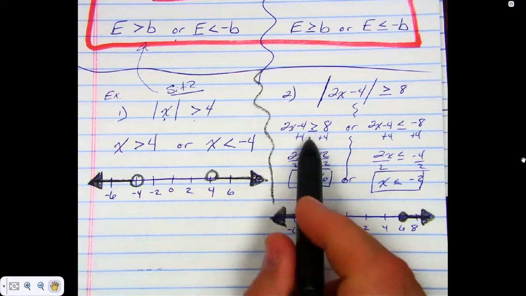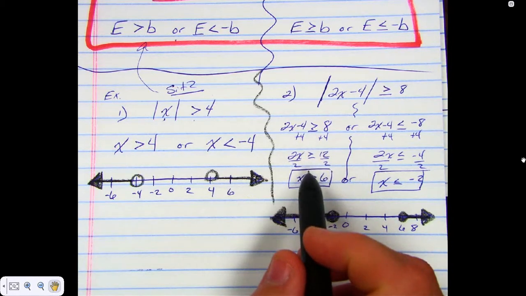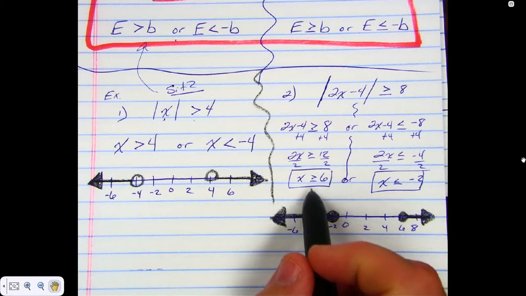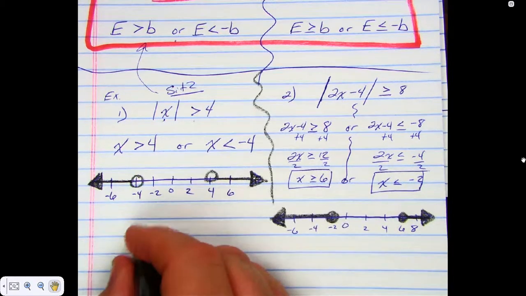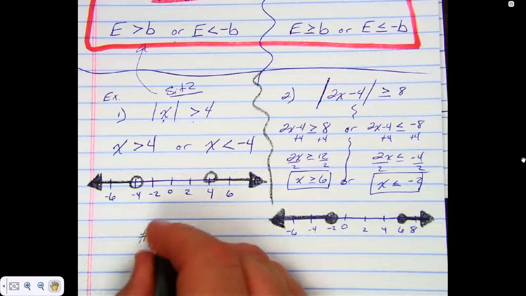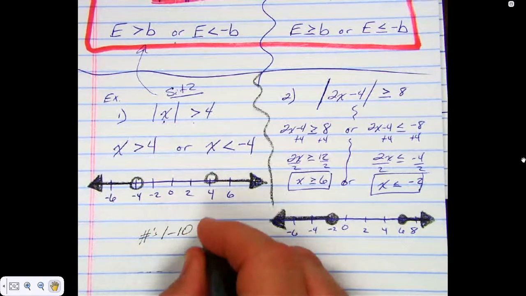But I want to know that you know how to manipulate an inequality or an equation and get to this. So if you're not showing me, you don't know, therefore you don't get credit. Everybody got that? Your assignment is whole numbers 1 through 10.